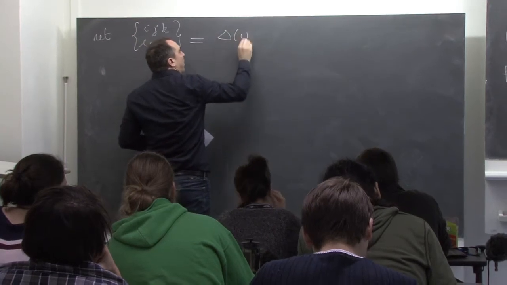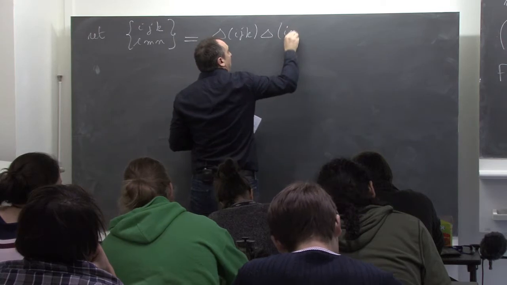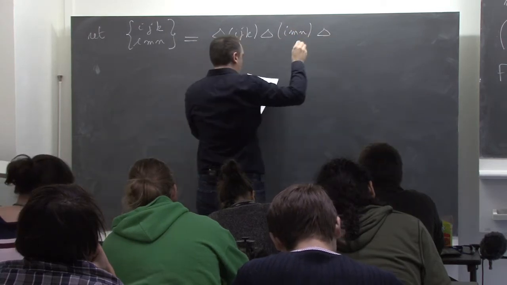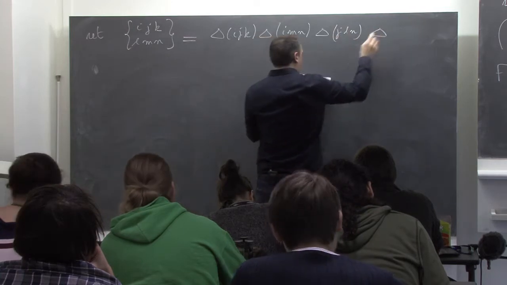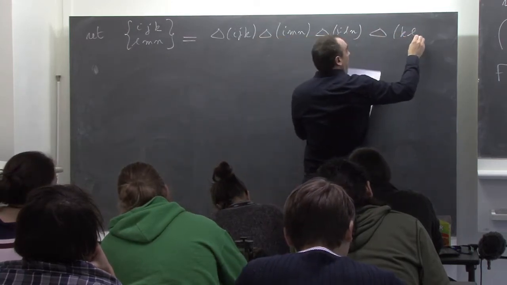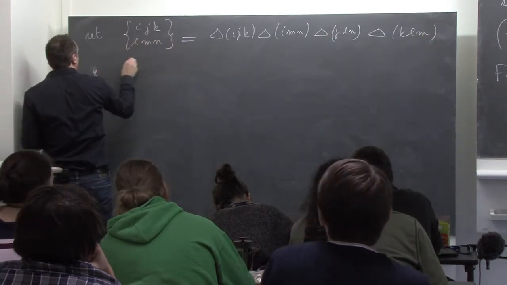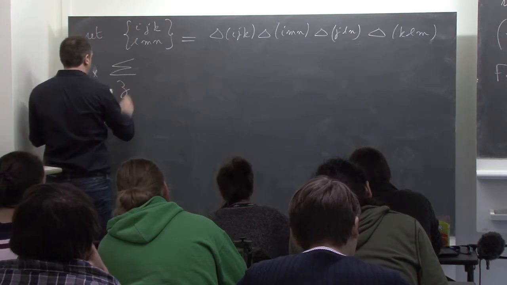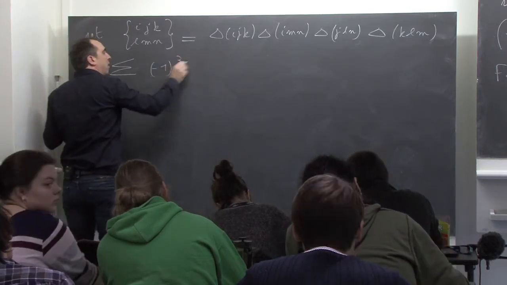Delta of i, j, k, delta of i, m, n, delta of j, l, n, delta of k, l, m, times some sum over z of minus 1 to the z.